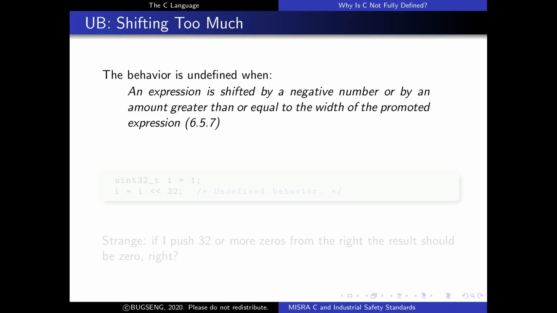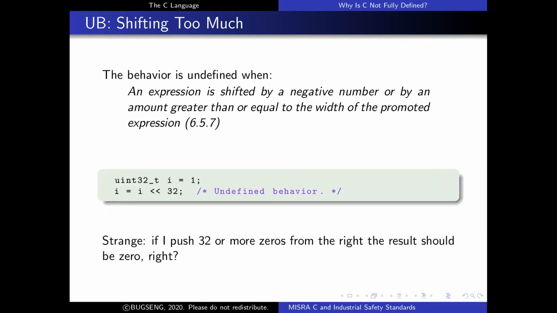It's a little bit more difficult to understand what might be the problem in shifting a 32-bit quantity 32 positions to the left. If one reasons in the way where the shift instruction is taught in university or at school, one might say, if I push 32 or more zeros from the right of the result, I should get 0, right?